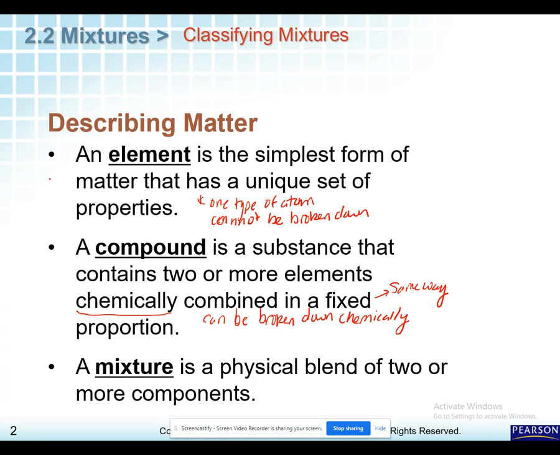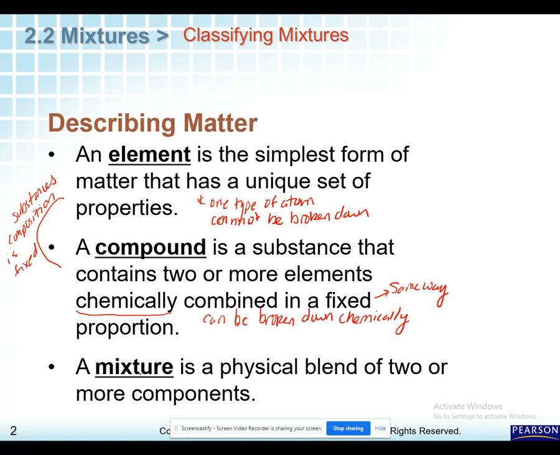Before we move on to a mixture, again, I just want to remind you guys that a compound and an element are both substances. That means their composition is fixed.